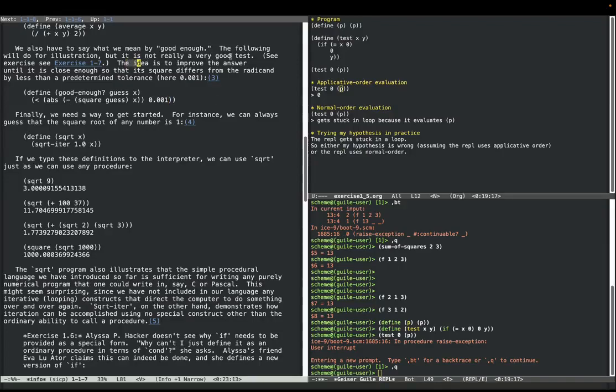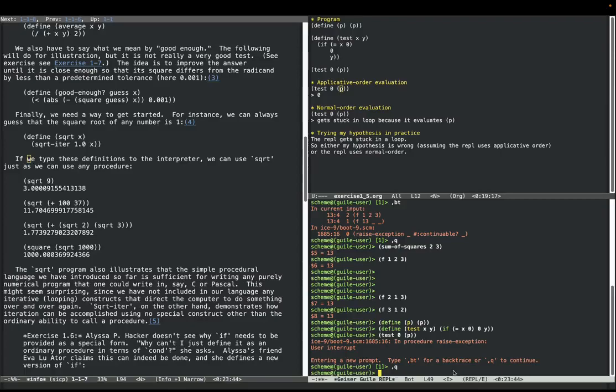The idea is to improve the answer until it is close enough so that the square differs from the radicand by less than a predetermined tolerance. Here, 1/1000th. Finally, we need a way to get started. For instance, we can always guess that the square root of any number is 1. Define sqrt of x as sqrt-iter 1. If we type these definitions into the interpreter, we can use sqrt just as we can use any procedure.